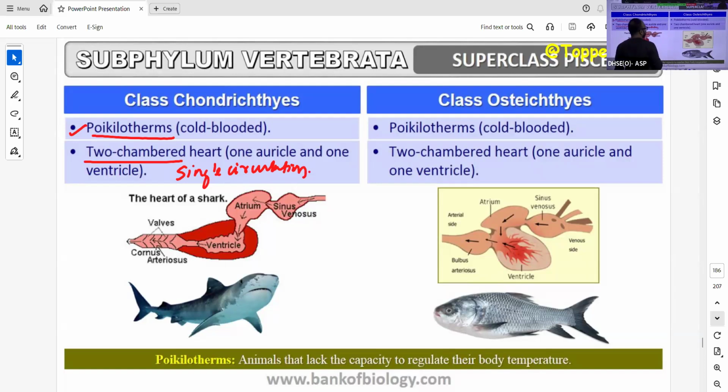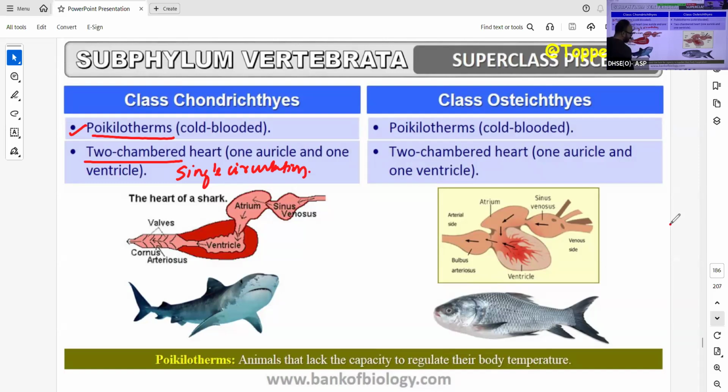Okay, welcome back. Now, as we had discussed, these are a set of differences between the Chondrichthyes and the Osteichthyes. As you can see, they have basically single circulation. And secondly, they have a two-chambered heart.